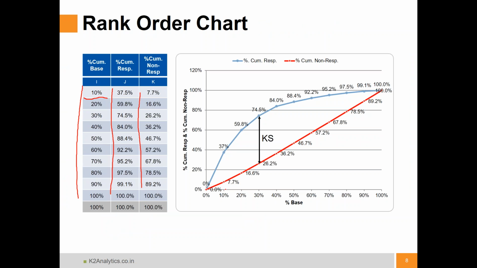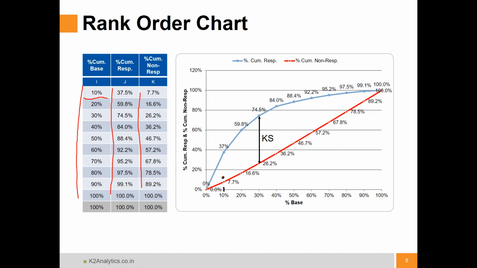So the point is, if I target 10 percentage of the population, what percentage of responders should I have got? Let me take a black color. If I target 10 percentage of the population, theoretically I should have 10 percentage of responders being captured.